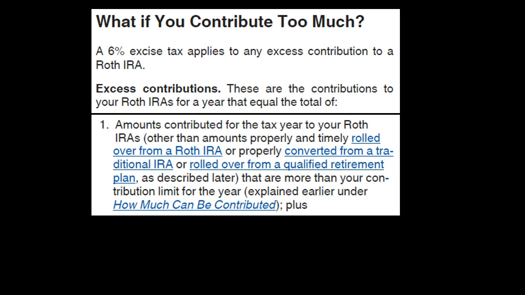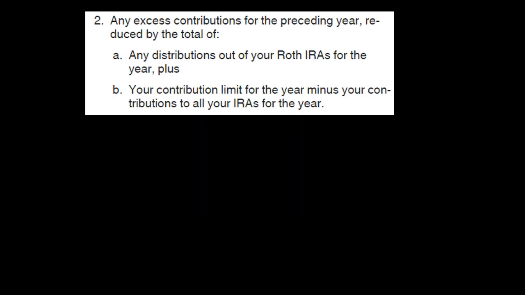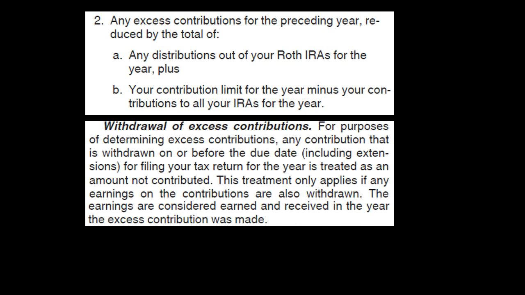Amounts contributed for the tax year to your Roth IRAs other than amounts properly and timely rolled over from a Roth IRA or properly converted from a traditional IRA or rolled over from a qualified retirement plan as described later that are more than your contribution limit for the year explained earlier under how much can be contributed, plus any excess contributions for a preceding year reduced by the total of A, any distributions out of your Roth IRAs for the year, plus B, your contribution limit for the year minus your contributions to all your IRAs for the year. Withdrawal and excess contributions.